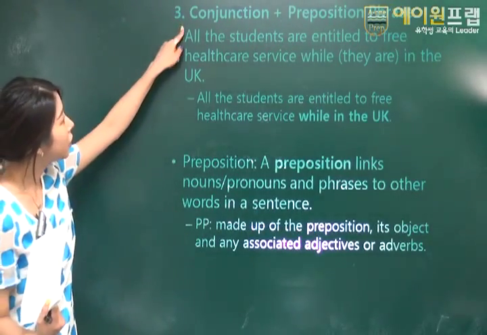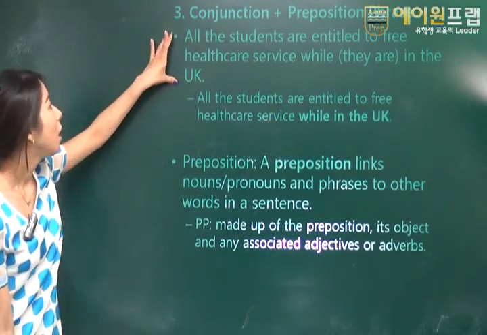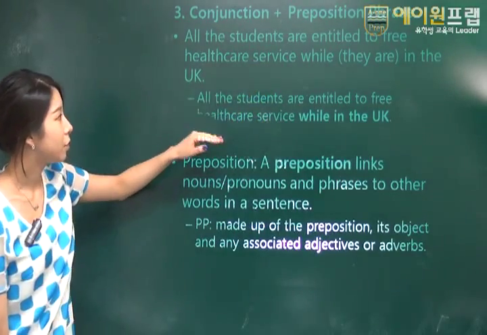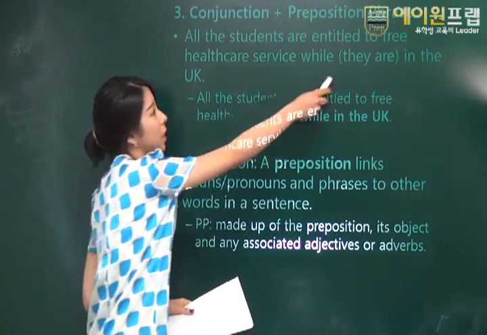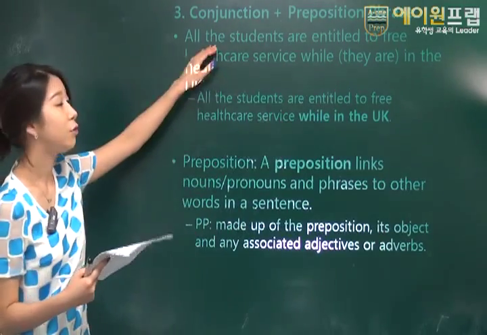So when a conjunction meets a prepositional phrase, let's look at the original sentence. All the students are entitled to free healthcare service while they're in the UK. It's obvious who they are. It's not going to be other people, it's going to be students.